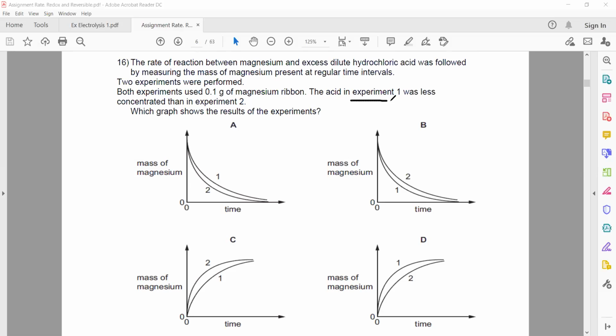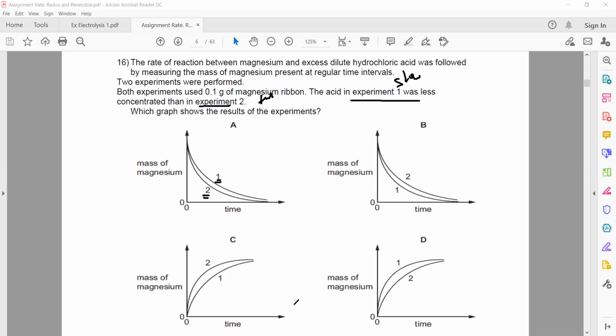So experiment 1 should be slow and experiment 2 should be fast. So you can see here, experiment 1 is less steep than experiment 2.